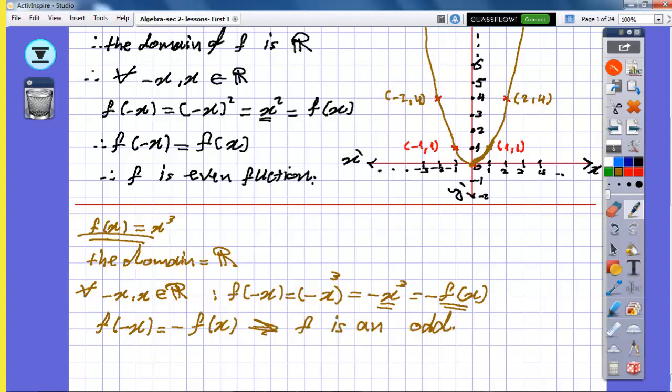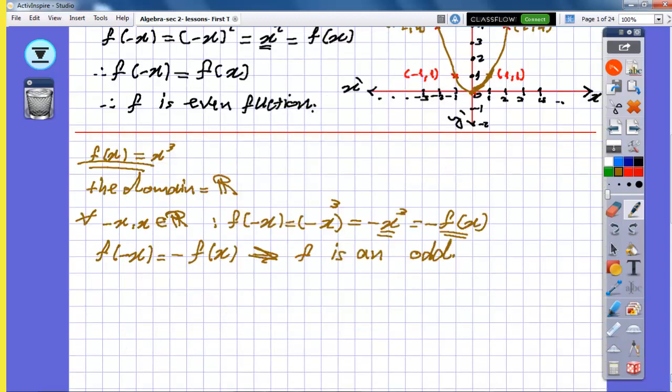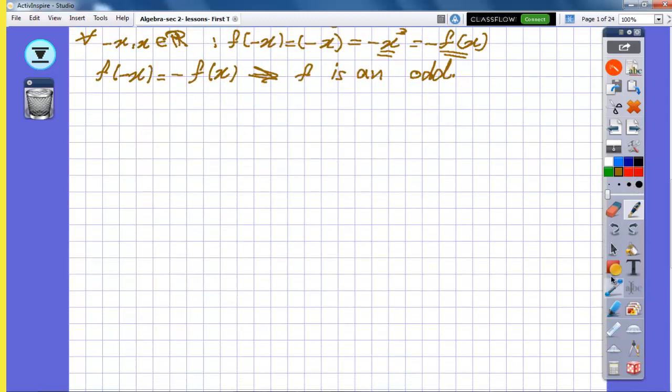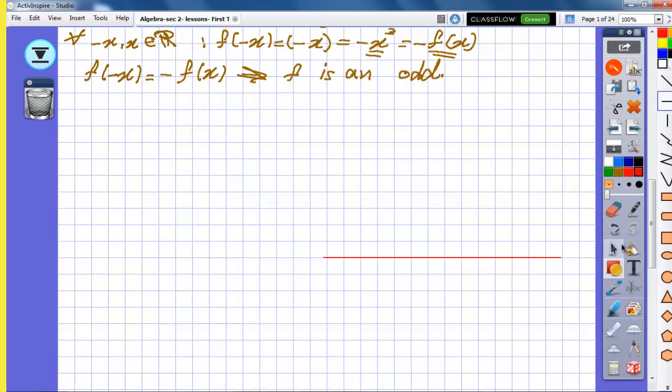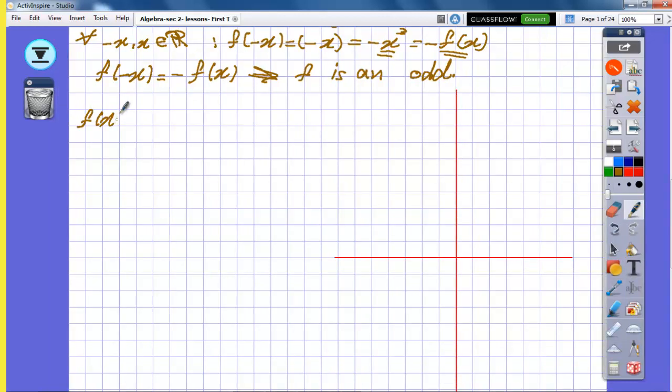For that, we draw two axes, f of x equals x to the power 3. We start from negative 2. f of negative 2 equals negative 8.